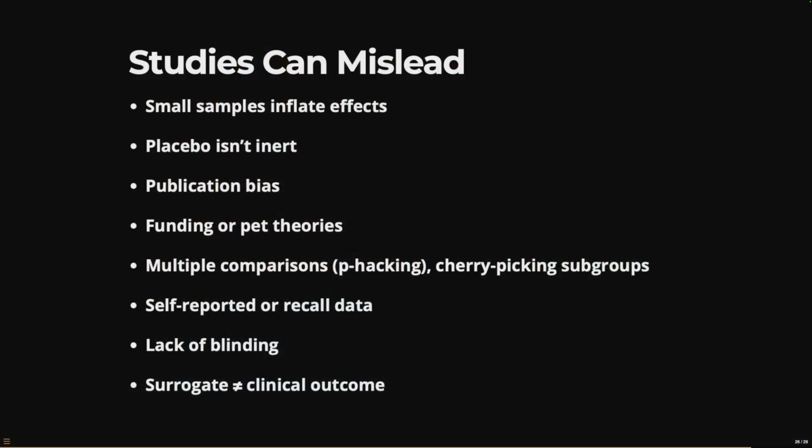Yeah. Another thing I have here: surrogate does not equal clinical outcome. I think this is important to be aware of. There are so many new studies coming out with these aging clocks where they'll do some kind of DNA methylation analysis and combine lots of different metrics, and you'll get your biological age.